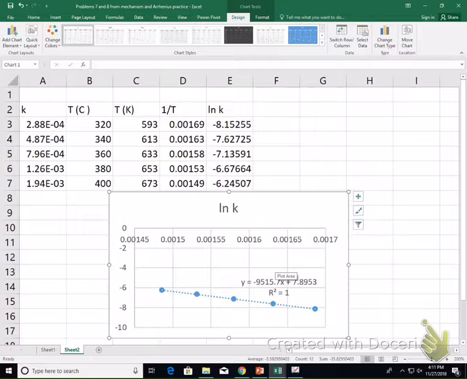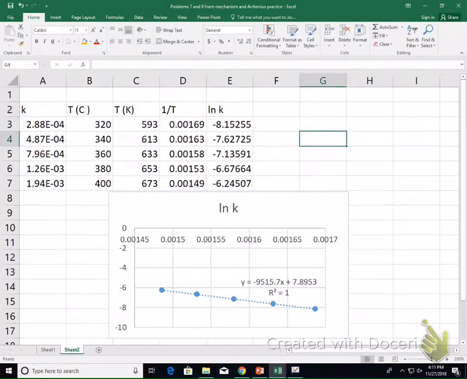All right, now the important information from this, if I want to get the activation energy, here the slope of the line is negative 9515.7. That's not the activation energy, that's just the beginning.